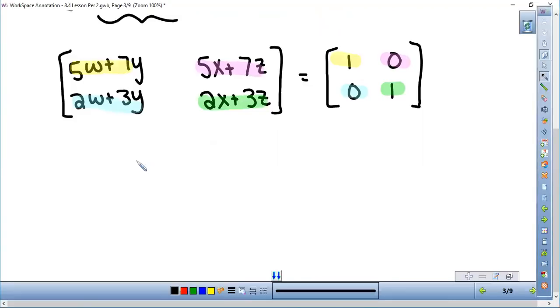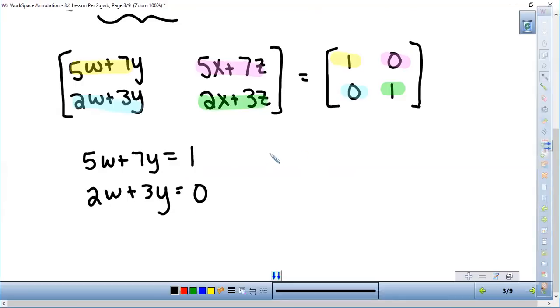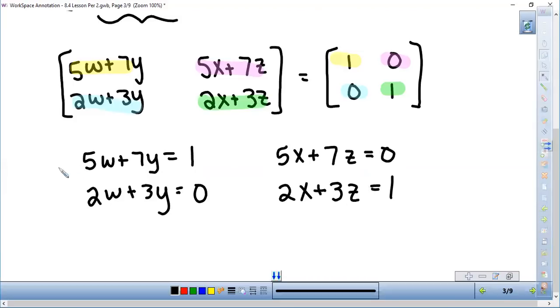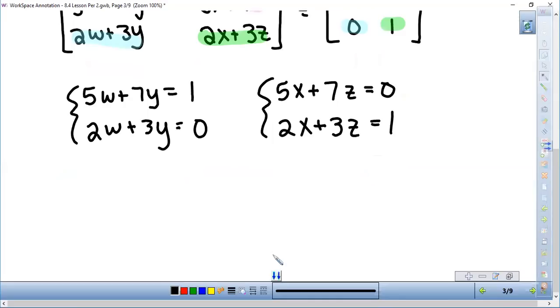So let's actually write out these statements. And what we've actually created here are two systems of equations, which we could solve for each one of the variables that we're looking for.